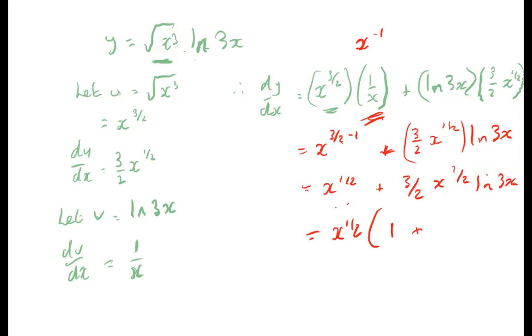Plus 3 over 2, sorry, ln 3x. And then here, this can be written as root x times 1 plus 3 over 2 ln 3x.